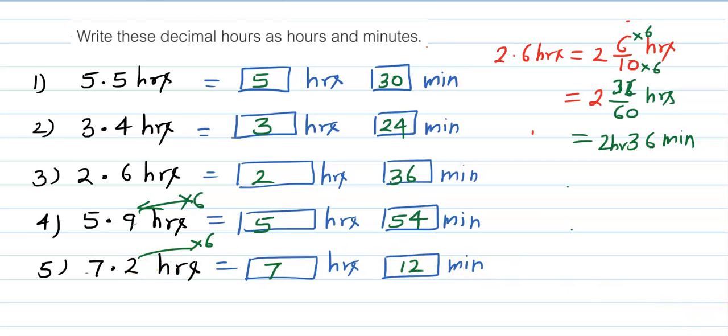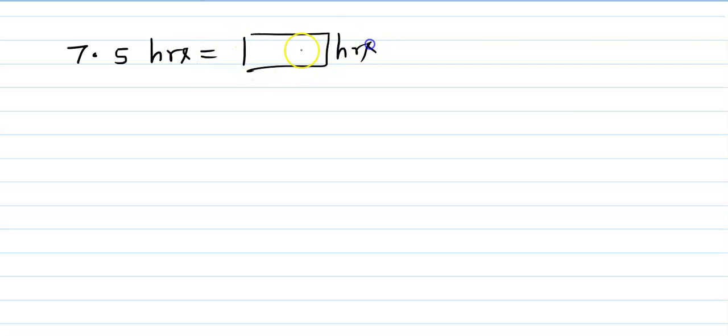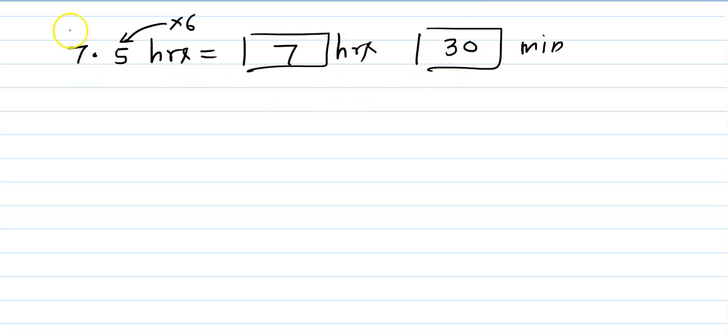So if a question is given like 7.5 hours, the shortcut is: how many hours are there? 7 hours. And how many minutes? You just multiply this number by 6. 6 times 5 is 30 minutes.